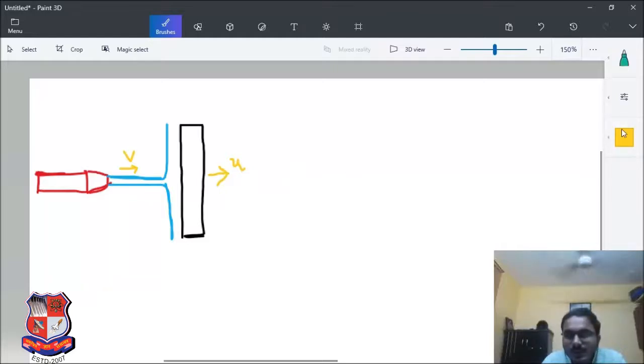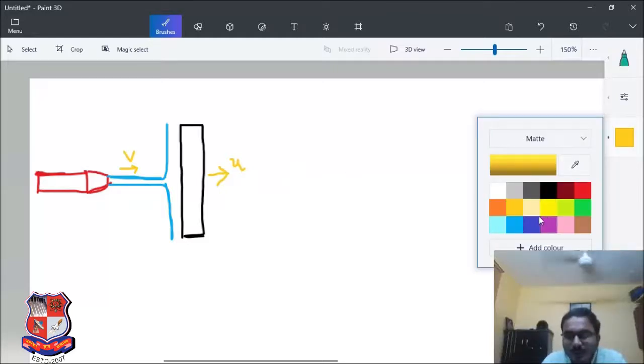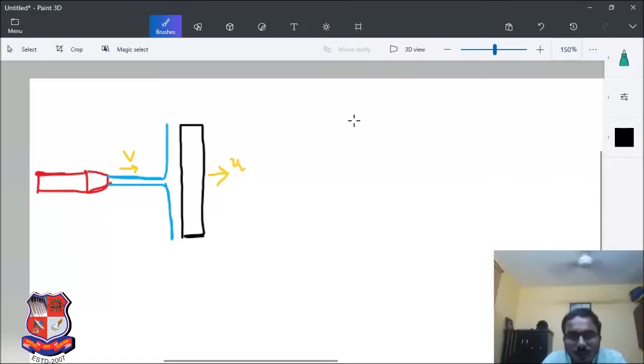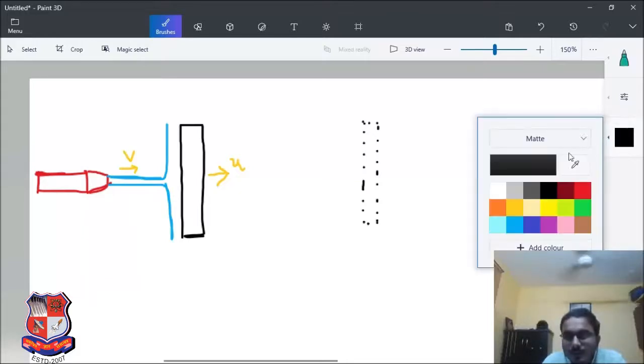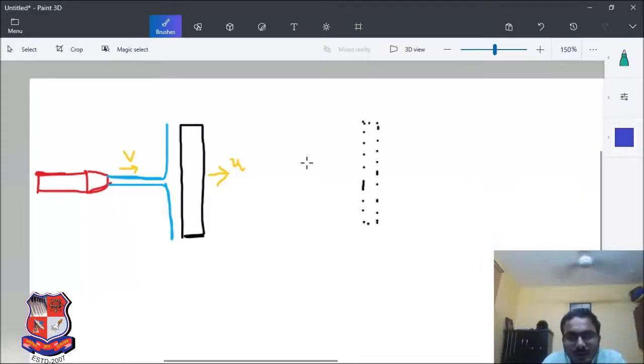Now if we see in the relative frame, now this is our plate, and the water which is striking, we are now discussing about after striking the plate.